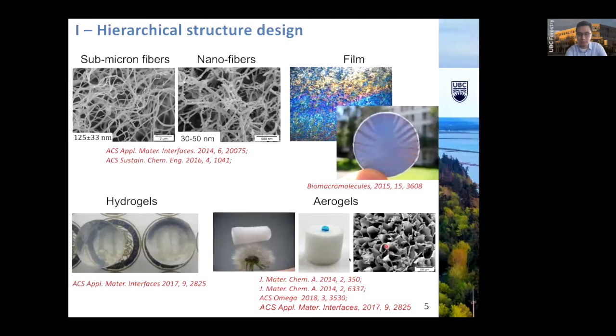We are making, for example, micron fibers, nanofibers, as well as films, such as pneumatic film or sensor film, as well as some antibacterial films, and three-dimensional structures, hydrogel and aerogel.